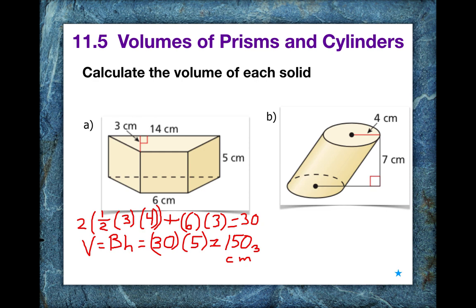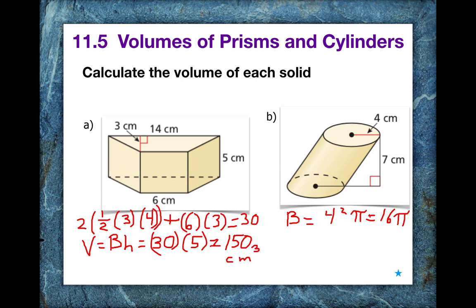If I go over to the cylinder here, the cylinder is just the area of this circle. So the area of the circle I'm going to write as the base. The base equals 4 squared times pi, so that equals 16 pi. And then I take the height, which is 7 centimeters, and just multiply that times the base.